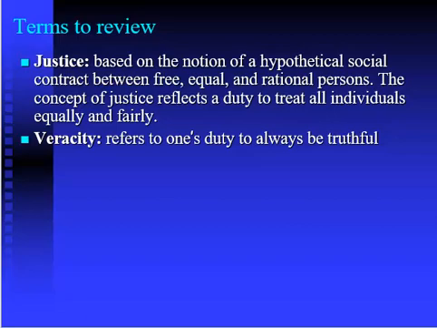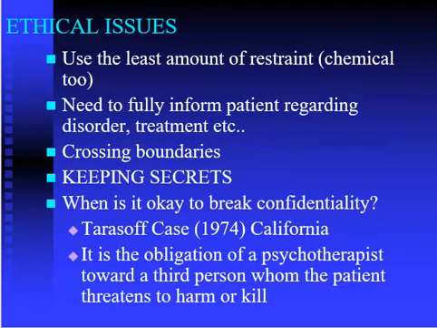Okay, next thing. Ethical issues. So in terms of the ethical issues in psychiatric nursing, we will use the least amount of restraint. And this means chemical too. And I already elaborated on this in talking about the legal terms, in that sometimes we have to restrain people. And in restraining, we need to have good reason, validation for that, and document profusely regarding that.